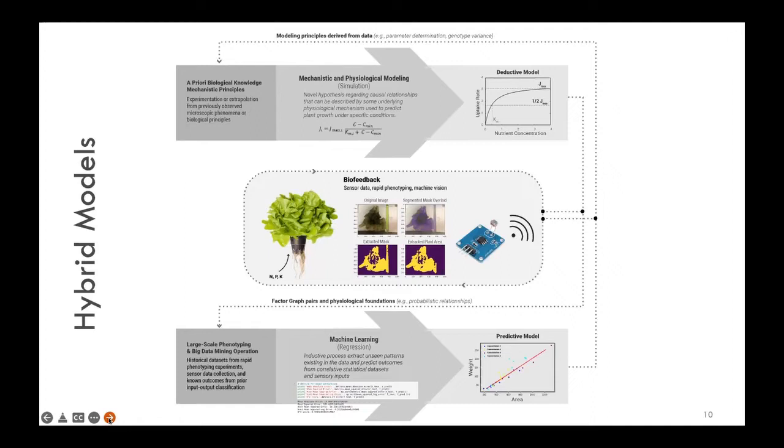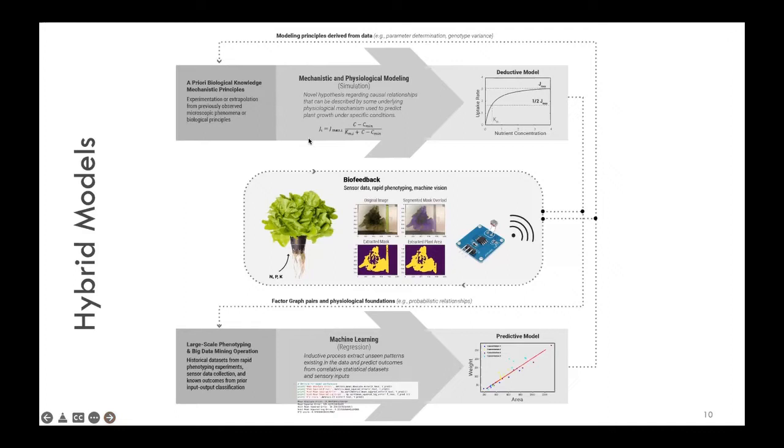And similarly, we can use big data sets from experimental research to feed into our mechanistic models to better tune our parameter values. So for example, how this one input relates to this output, we can tune those things based on machine learning models.